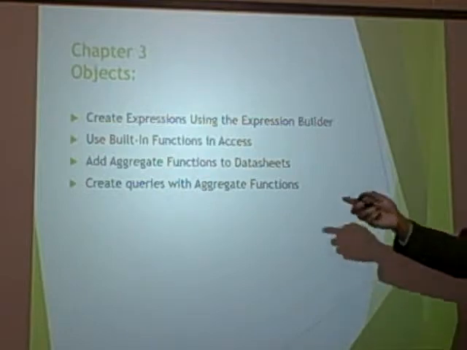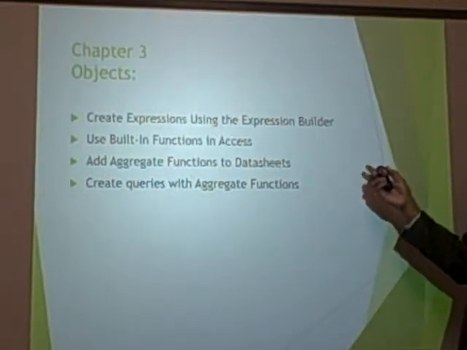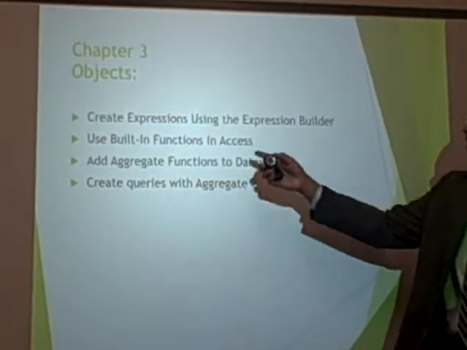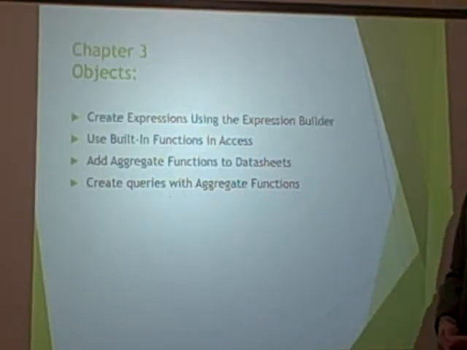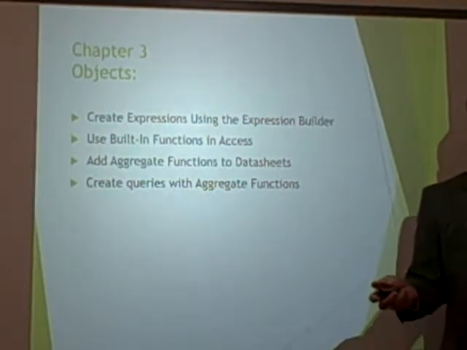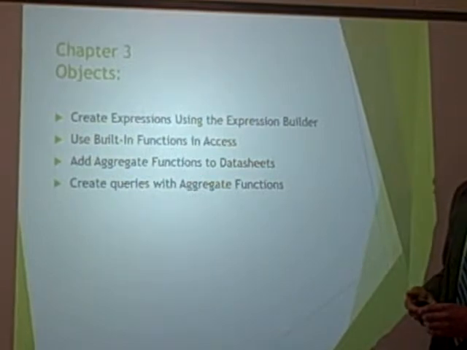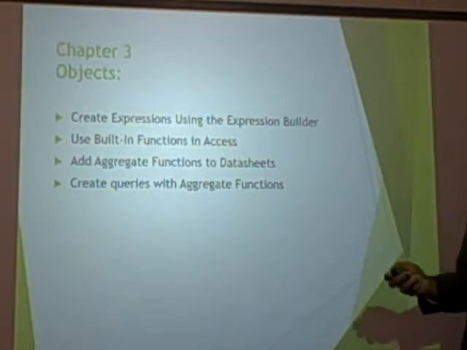Some objectives were to create expressions using the Expression Builder and build functions in Access. We also had to aggregate the functions to datasheets and create queries with the aggregated functions.